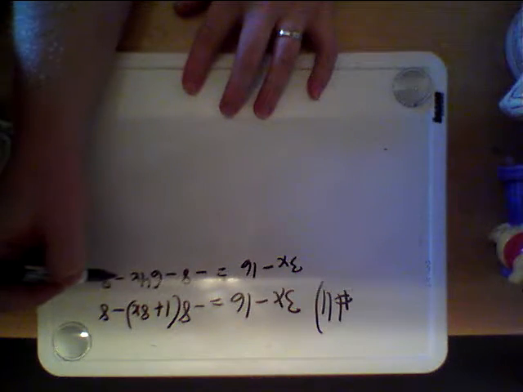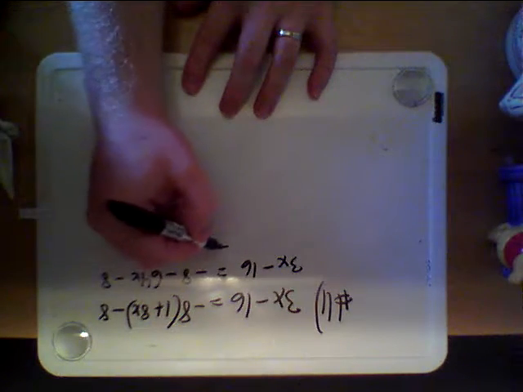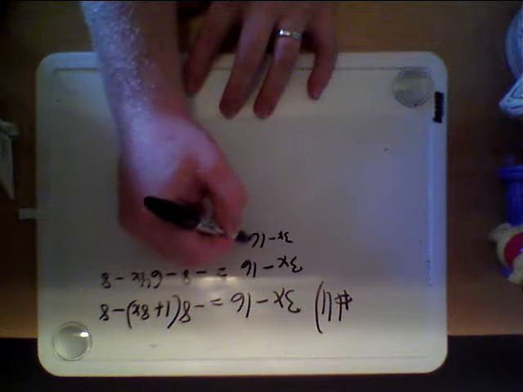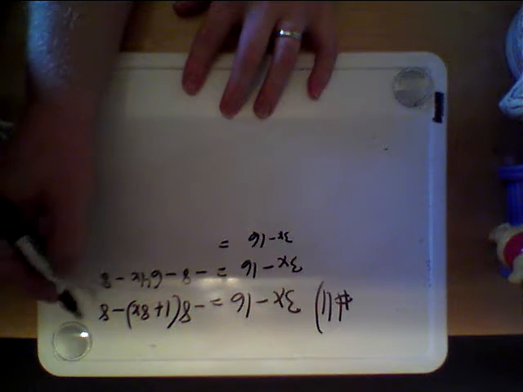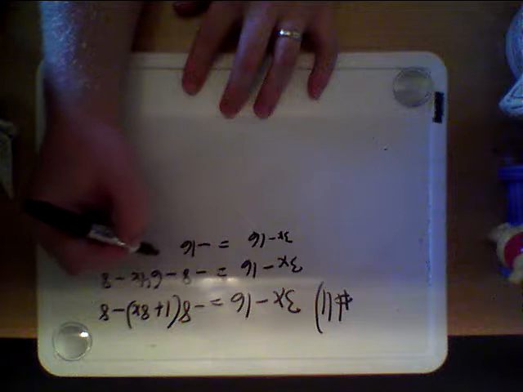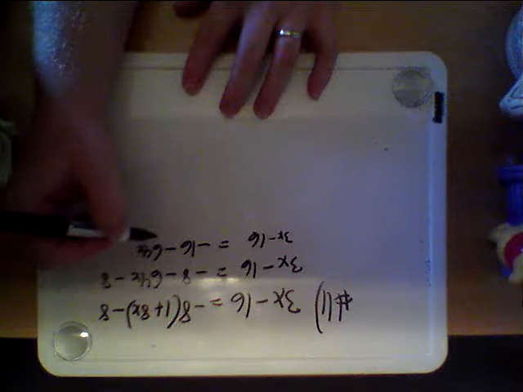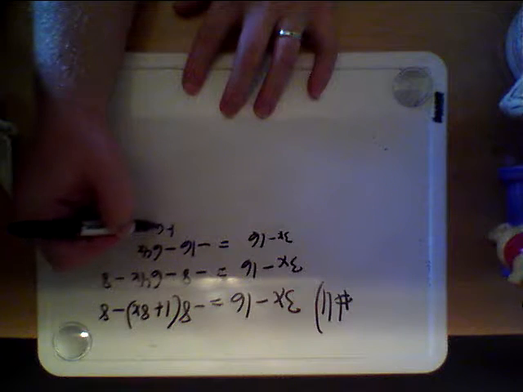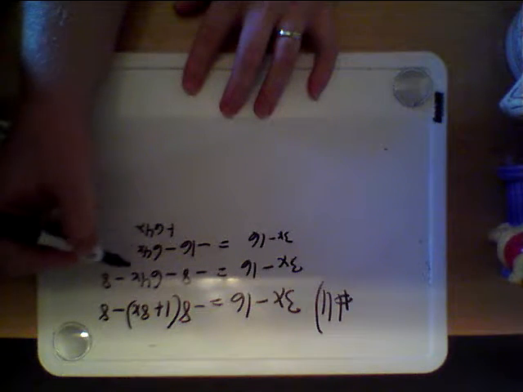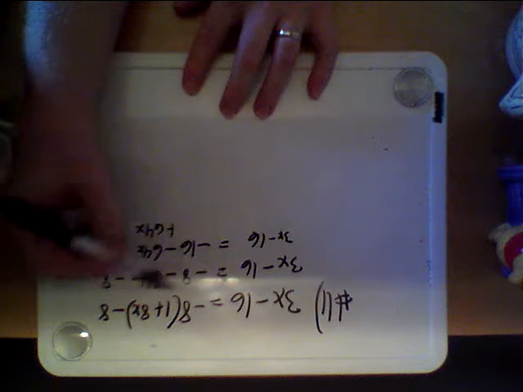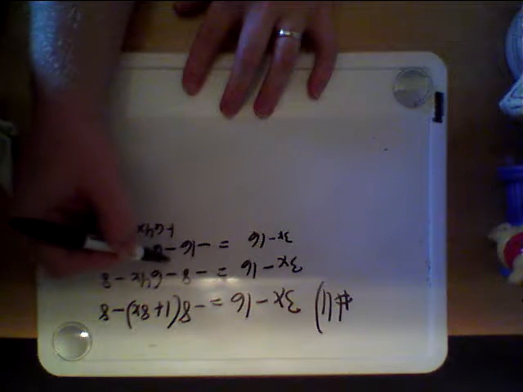Let's get these 8's together. So that's going to give us 3x minus 16 equals negative 8 minus 8, which is negative 16, minus 64x. Okay, now let's add 64x to both sides because we want to get these x's together. So if we add 64x here, this is going to go away.